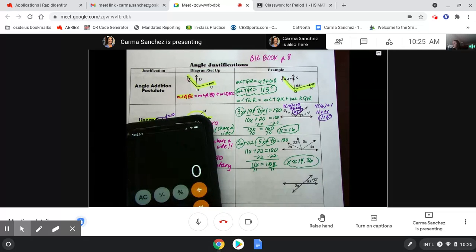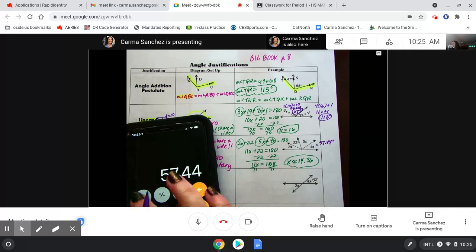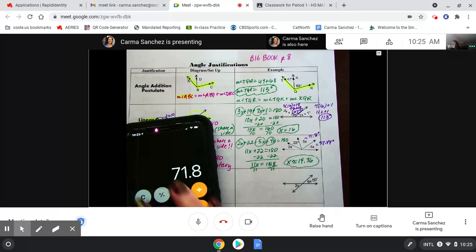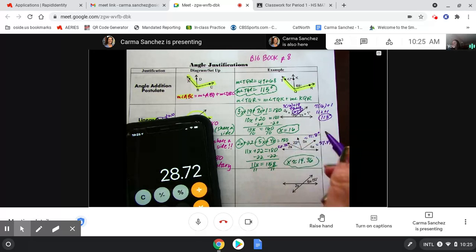So 14.36 times 4 means that this angle measure is actually 57.44 degrees. 14.36 times 5, this angle measure is actually 71.8 degrees. 2x, 2 times 14.36 is 28.72 degrees. So if they ask you for the angle measures, there's that additional step of taking the x and plugging it back in for whichever one they're asking for. How'd you do?